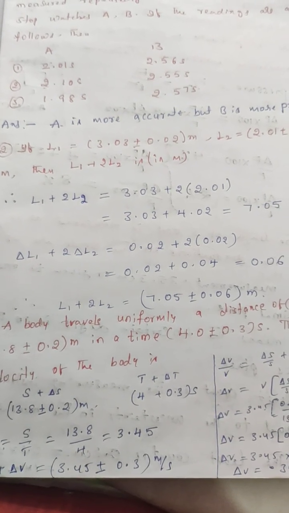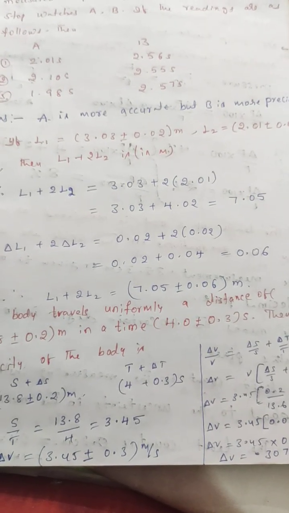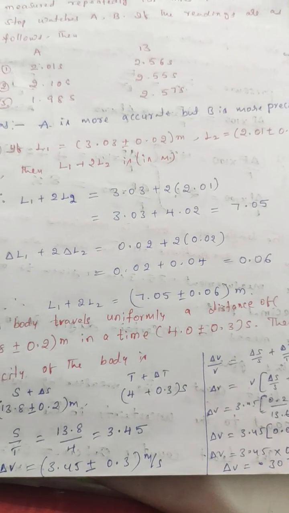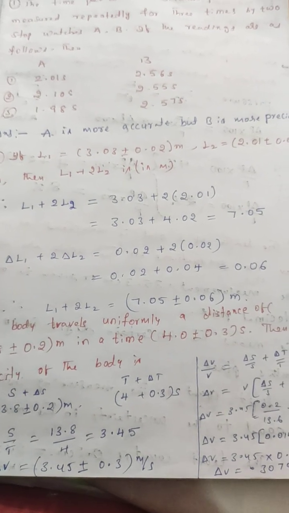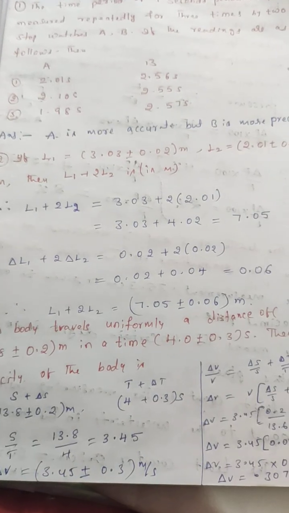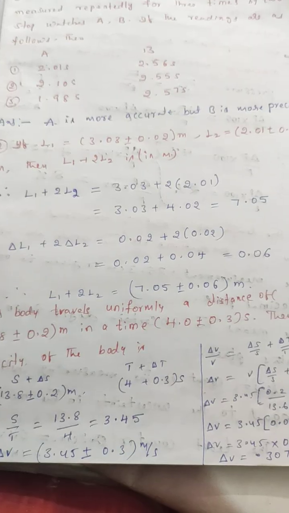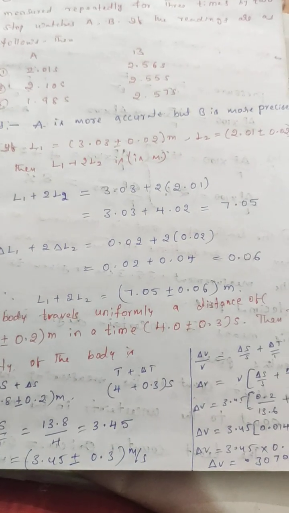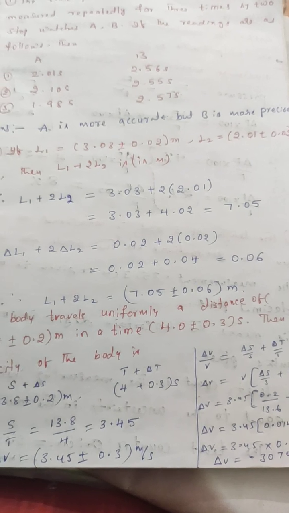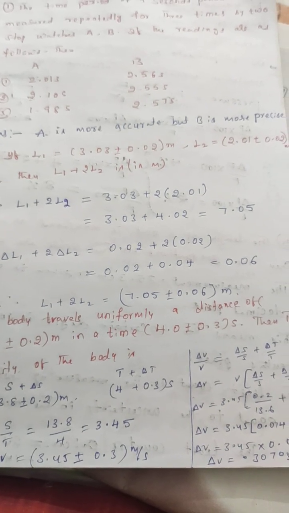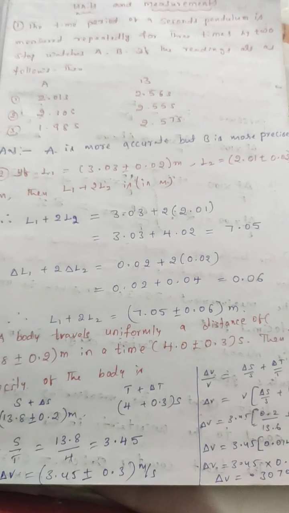L1 is 3.03, L2 is 2.01, into 2 we will do. 2 L2, that value is 7.05. After that, delta L1 and delta L2. Delta L1 is 0.02, delta L2 is 0.02 into 2, which means 0.04. The total value is 0.06. Now L1 plus 2 L2 means 7.05 plus or minus 0.06 meters.